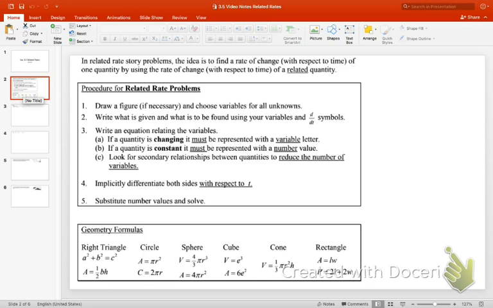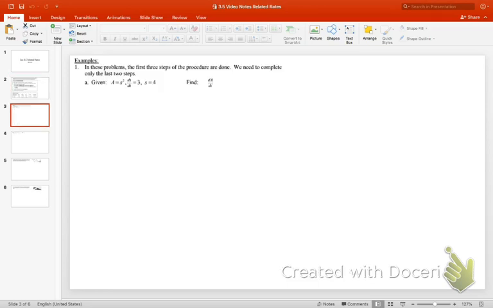All right, so let's start. The first problem we're going to look at already has 3 of the first steps done. We're just seeing how to complete the last few steps, kind of building up to a main problem. So we're given that the area is s squared and that ds dt. So ds dt is the rate of change of the side with respect to time.